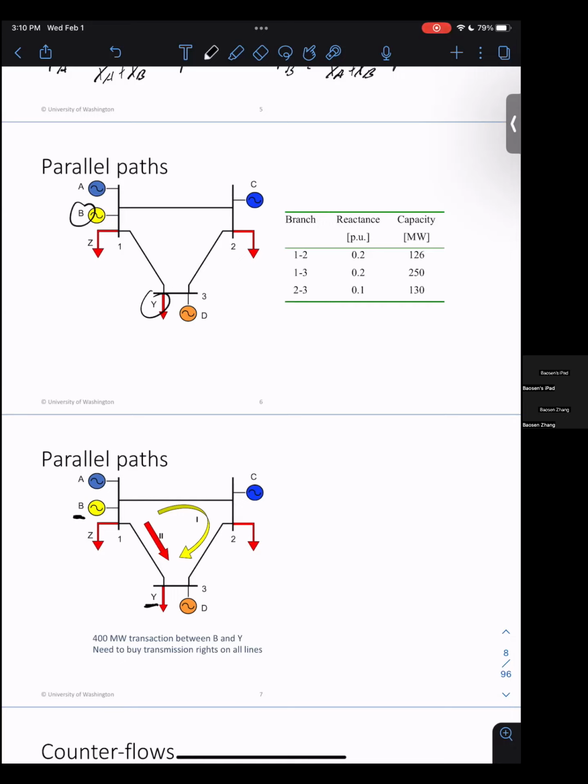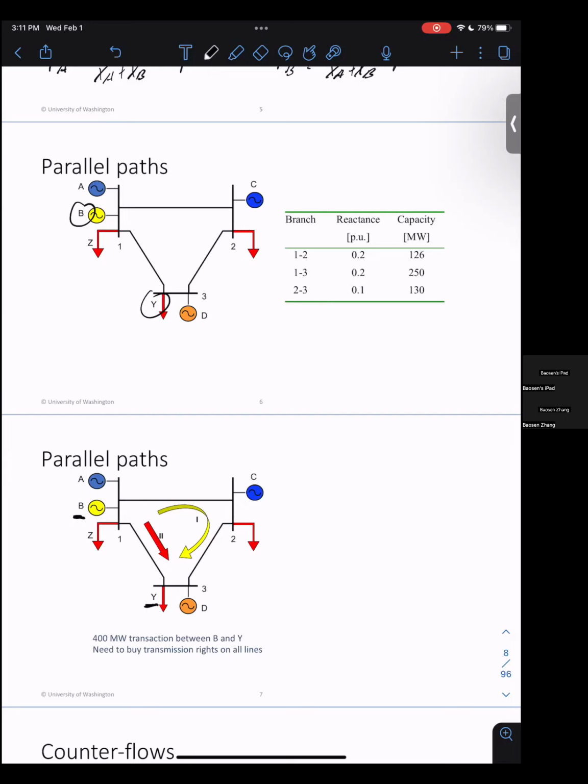Remember Kirchhoff's voltage law: voltage difference drives current flow, so here angle difference drives power flow. So when you send, let's say, 400 megawatts from B to Y, power will flow around all the paths. Typically power flows along every line.